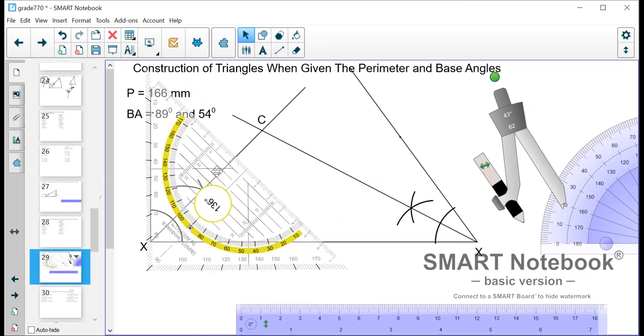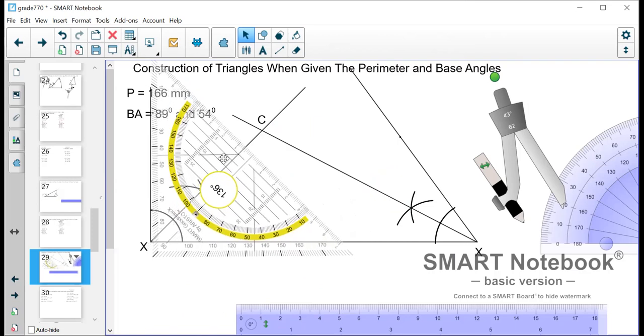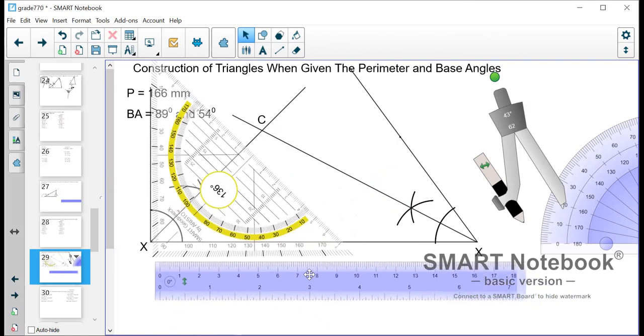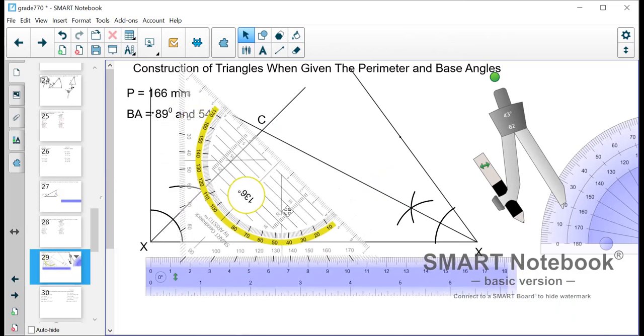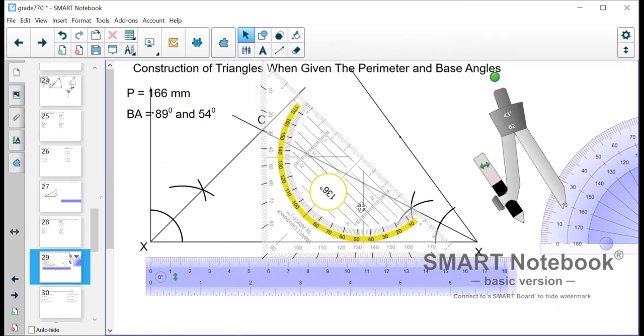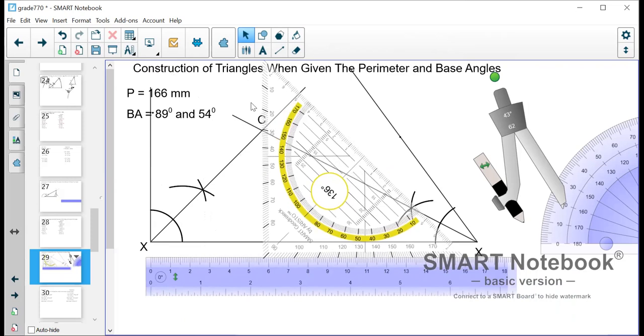So we set the set square on the line, and then we set the ruler at the bottom of the set square, and we slide to C.